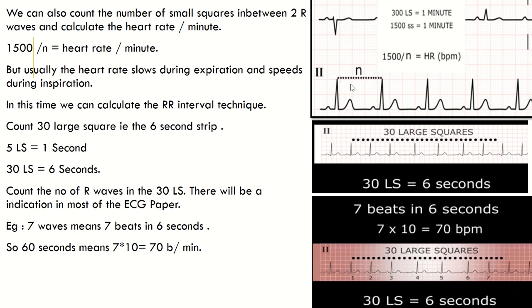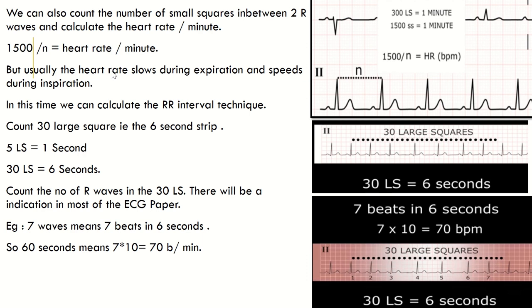So 5, 10, 15 small squares, and then the remaining you can count easily. With that number, you divide 1500 by it. So easily you will get the heart rate in beats per minute. In most ECG papers, the heart rate is given. If it is not given, you can use these methods.